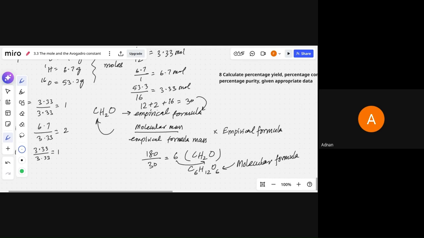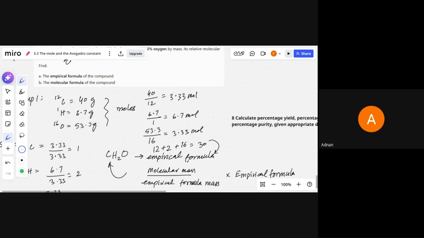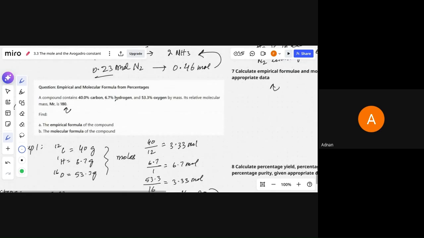Remember that you cannot directly calculate the molecular formula from these percentages if Mr, the relative molecular mass of the actual compound, is not given. Remember that, right? Sometimes they make it easier, less lengthy.